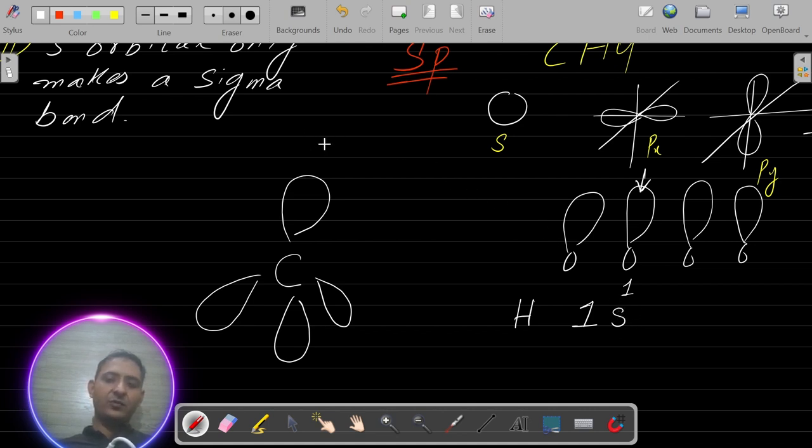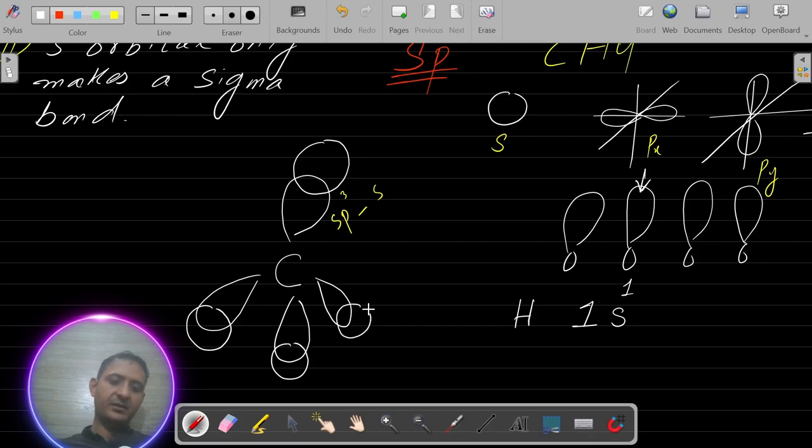So now s is overlapping with sp3. It is sp3 overlapping with the s orbital. And same thing here, we have another hydrogen, a third hydrogen, and this fourth hydrogen. It is a head-on approach.